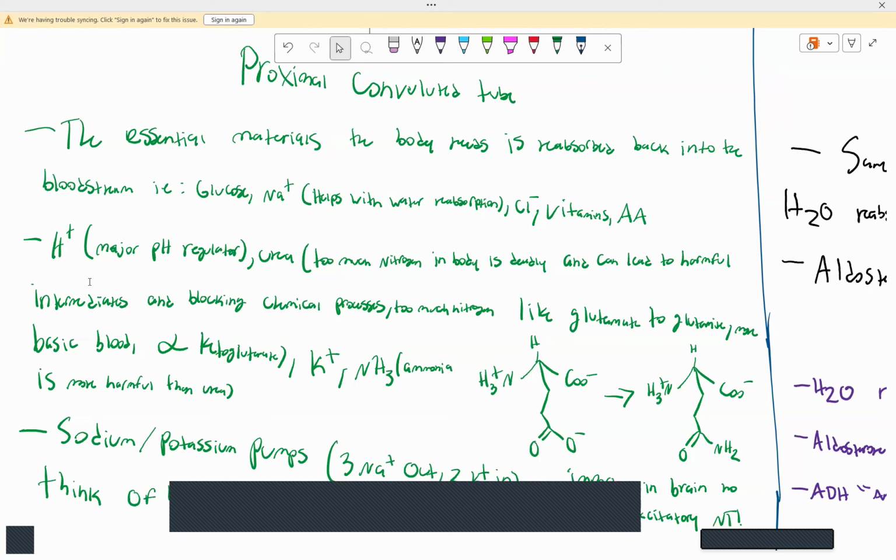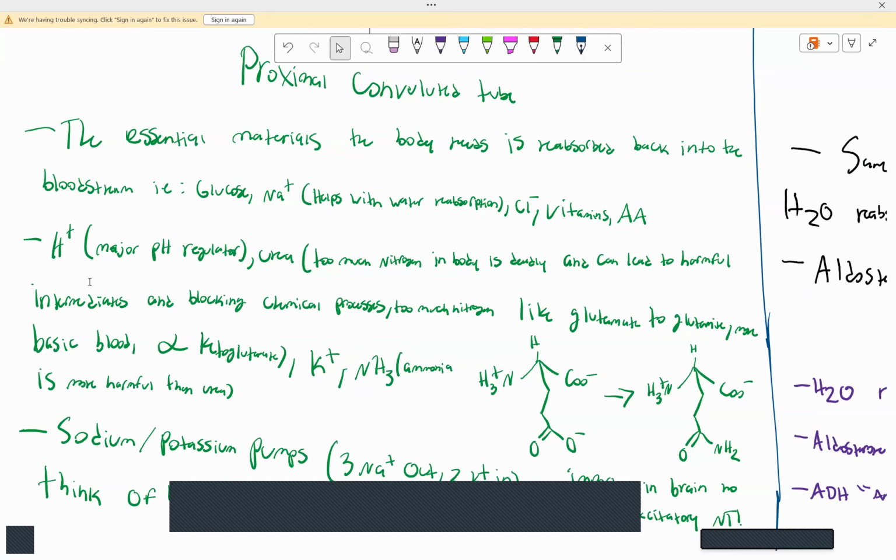Let's say your body is really acidic, meaning you have a high proton concentration. Your body is going to want to excrete more of those protons. If your body is more basic, then fewer protons will get excreted in the proximal convoluted tube. And we'll see as well, the distal convoluted tubule also excretes protons.